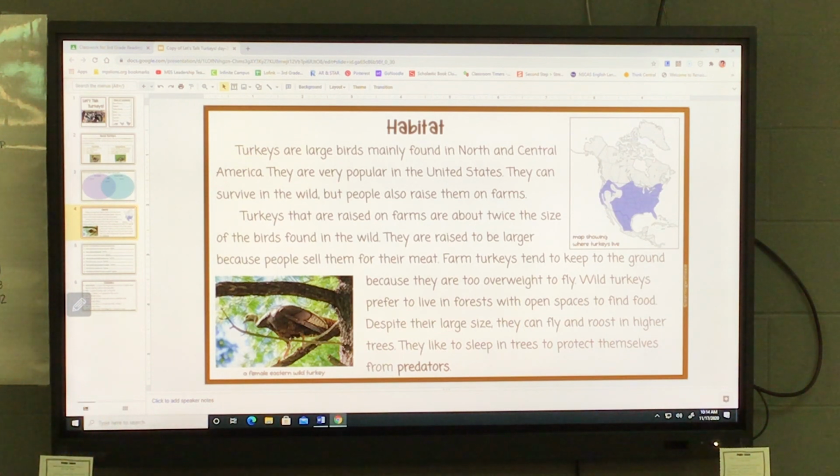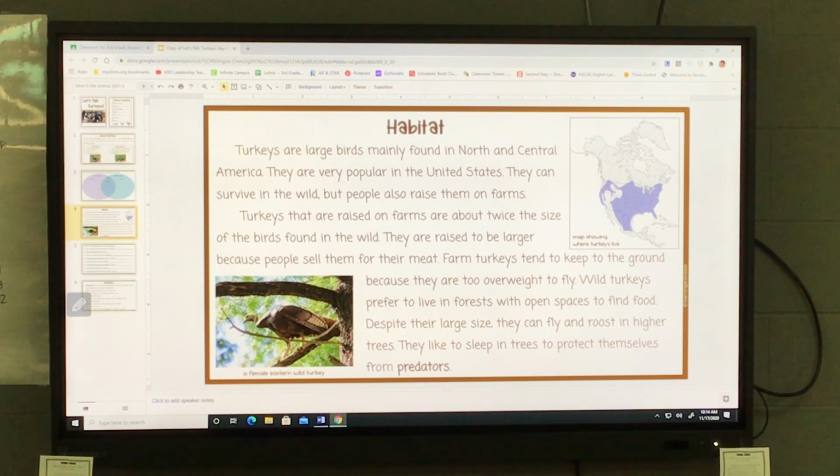Why do they like to sleep in trees? Because they're comfortable? No. Is that what it said? No. So what did it say about why they like to sleep in trees? Natalia? They like to sleep in trees so they can protect themselves from predators.